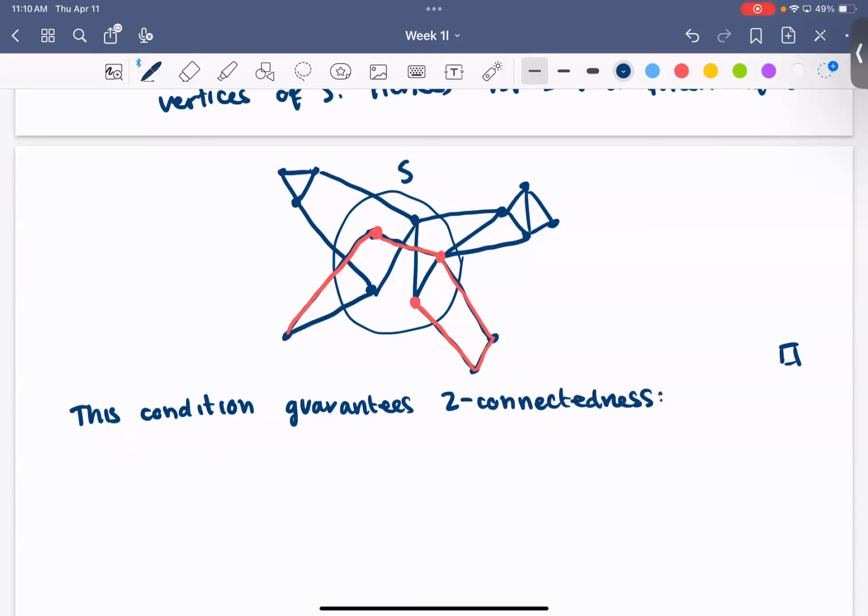So here's the reason. If I delete one vertex, how many components do I have left if this condition is satisfied?